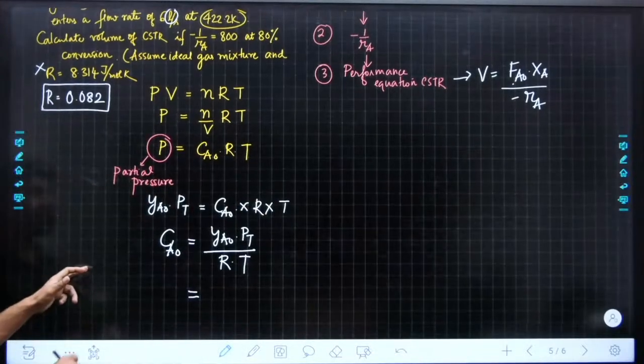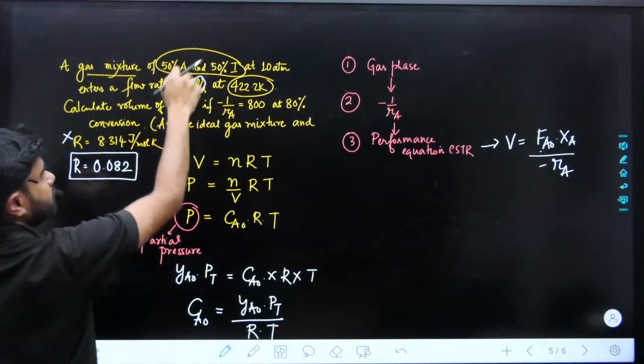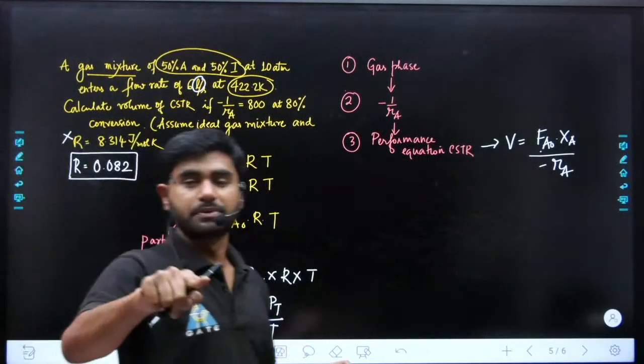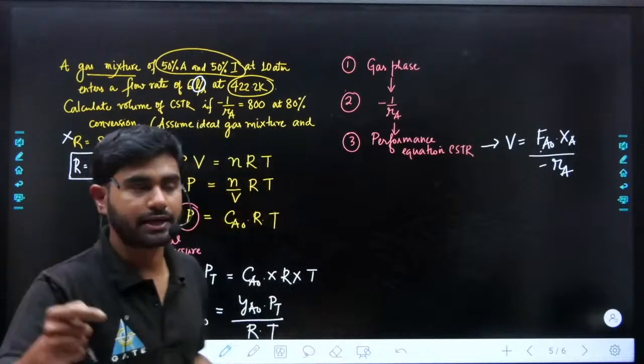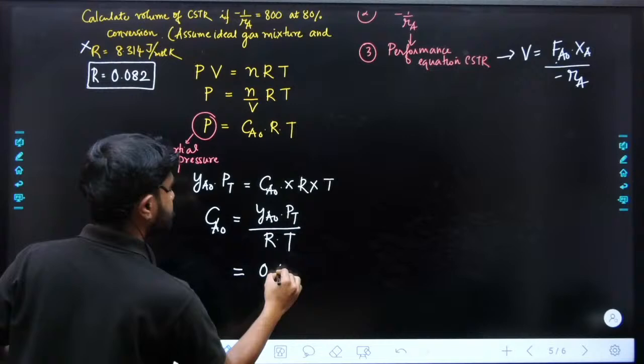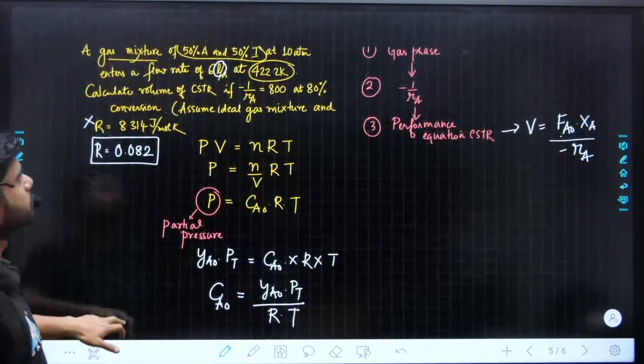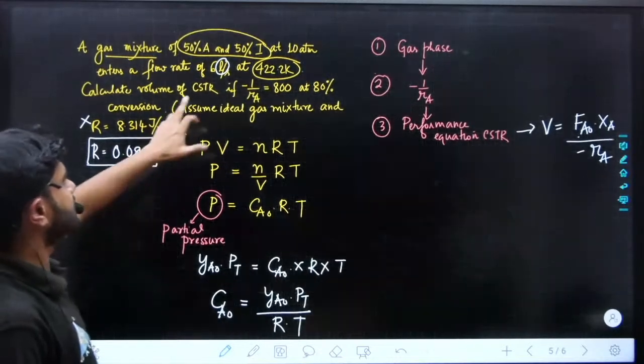For Ya naught, I just write 50% because in the gas phase mixture we have two components: 50% A and the other 50% I. So the gas mole fraction can be written as 0.5. The total pressure that you get here, I guess it is 10 atmosphere.